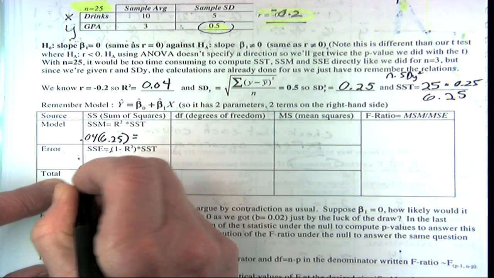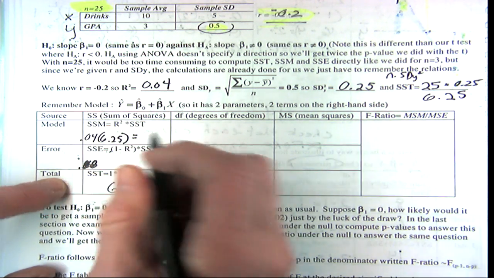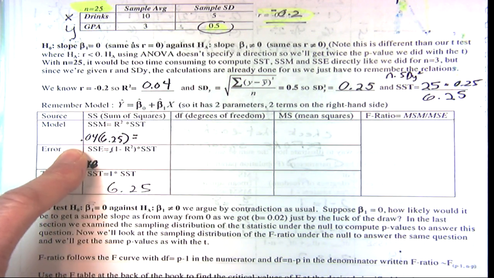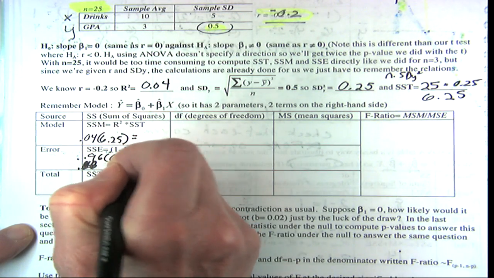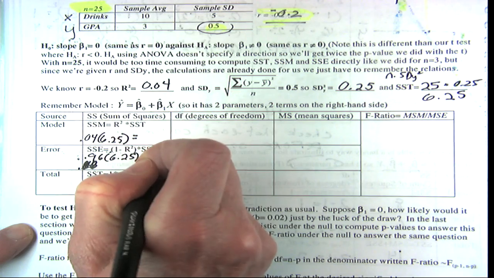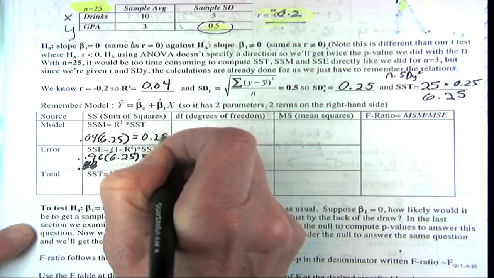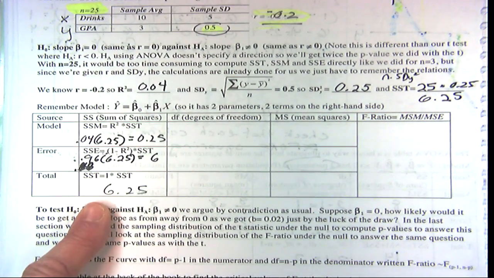And we'll multiply this by 0.96, 1 minus r squared. R squared is 0.04, so 1 minus r squared is 0.96. So 0.96 times 6.25 is 6, and that's 0.25. So that's how that breaks down. They add up to 6.25.